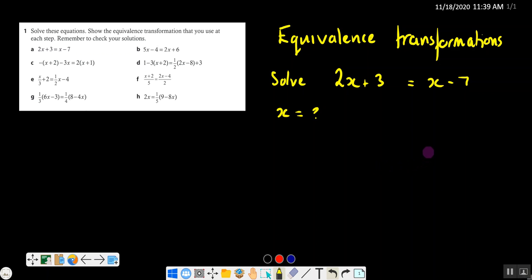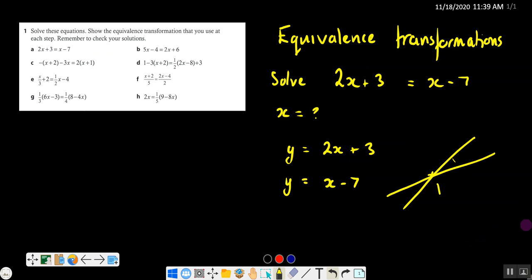Now, I can rewrite it as y equals 2x plus 3 and y equals x minus 7. And then we have, like Steph said, two straight lines and we're looking for where they cross.